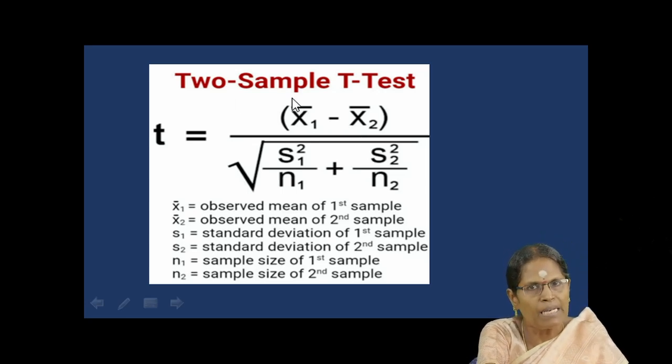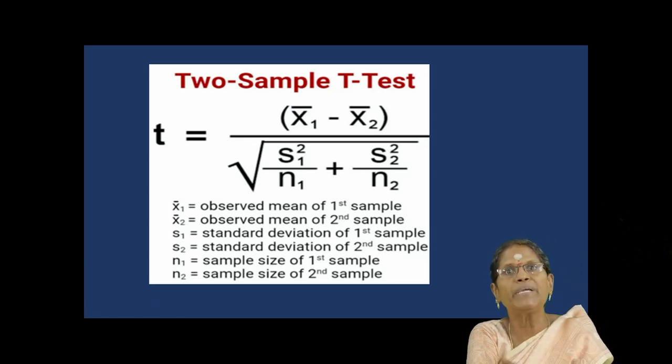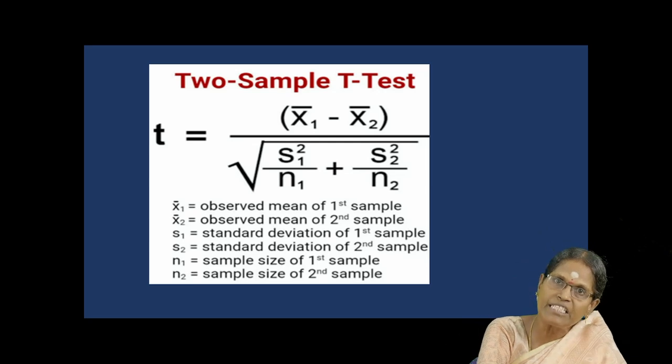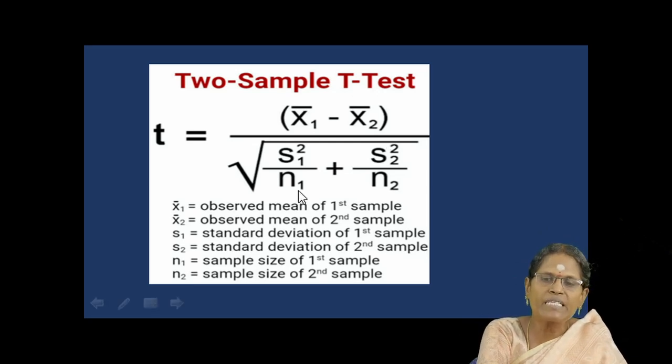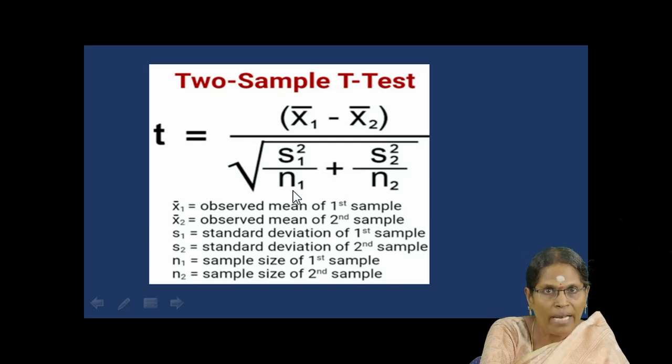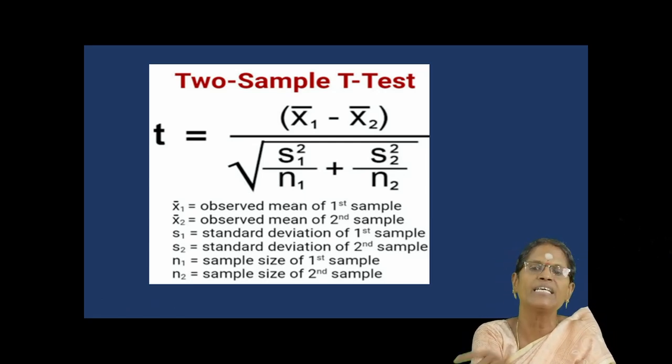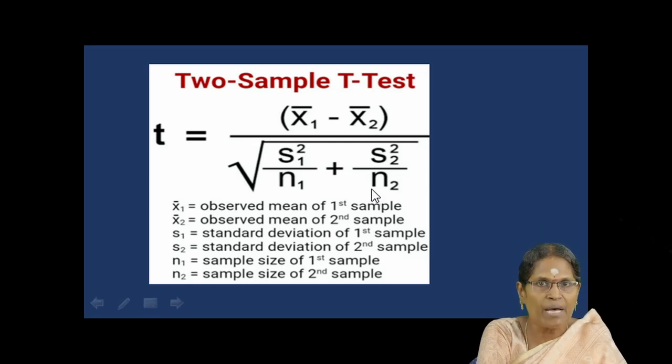Suppose these samples differ. For example, in first year it may be A section and in second year we compare them with the B section, meaning the sample sizes are different. So here this formula deals with N1, the sample size of first year A section students, and N2, the sample size of second year B section students.